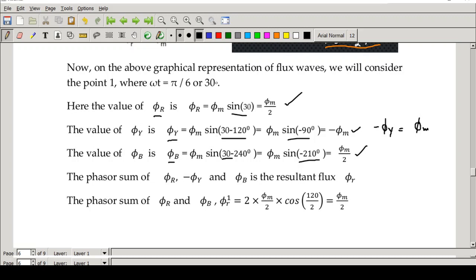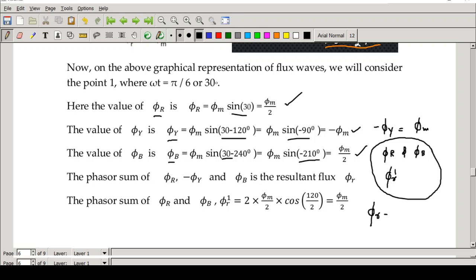Here you can see that two fluxes are the same in magnitude. Which are the fluxes? Phi r and phi b. So I can very easily find the resultant of these two fluxes first. I will call it phi r dash. Phi r dash will be the resultant of these two fluxes. Once I find phi r dash, how can I get the total resultant flux?